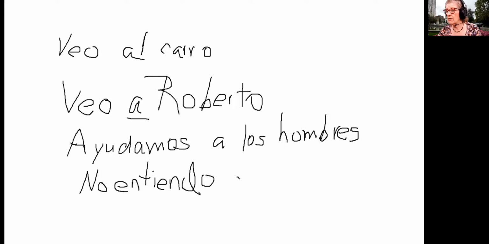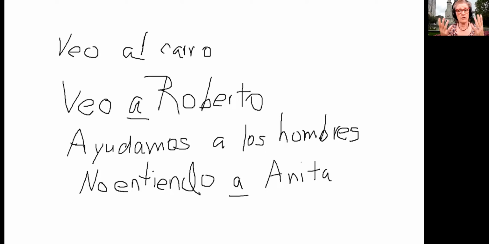Pero no entiendo a Anita. I don't just understand that girl at all because I don't understand a human being now. I need that little word a. So sometimes a will not be motion or movement. It all depends on the context of that sentence.